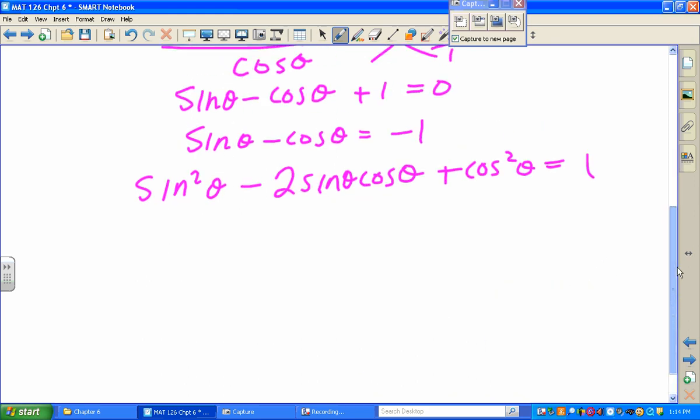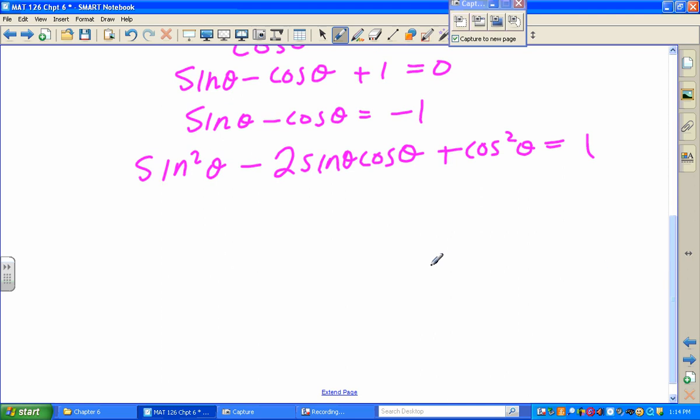See, usually you don't do stuff like this till calculus. That's why I'm a little wondering what's going on. All right, sine squared minus 2 sine cosine plus cosine squared equals 1. Does anybody see how that helps? Sine squared plus cosine squared equals 1, so you have 1 minus 2 sine theta cosine theta equals 1.